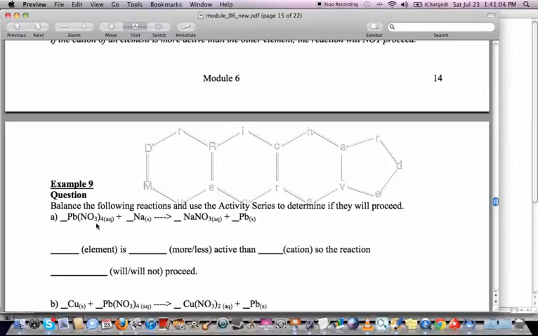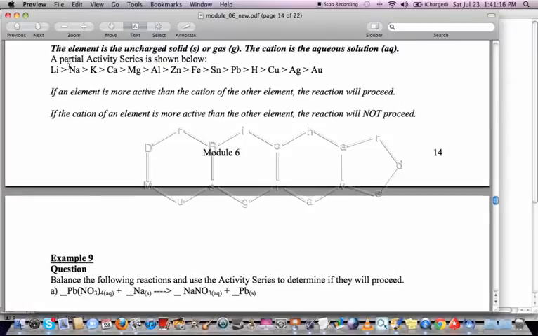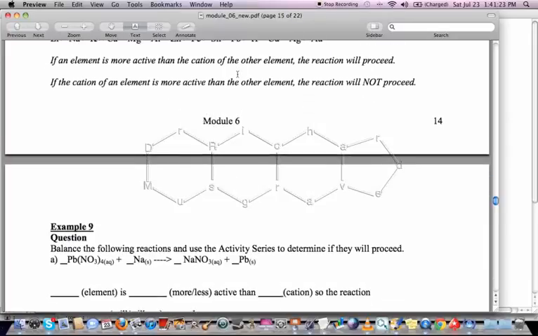Nitrate's a pretty easy one because nitrate is always negatively charged, so 4 of those would be -4, which would make the lead 4+. So sodium is more active than lead, so the reaction will proceed. So just looking at the activity series, you see sodium is above where the Pb4+ would be, so we know that reaction will proceed.